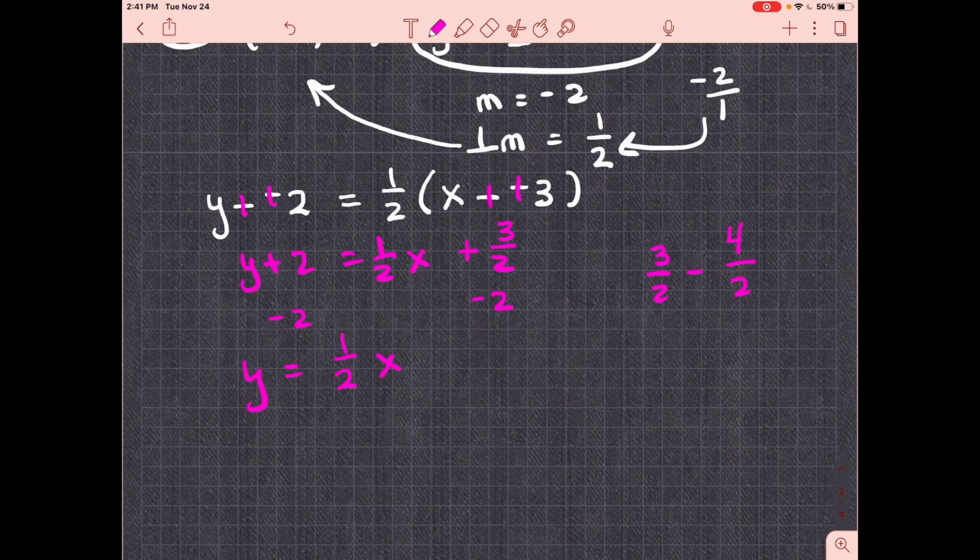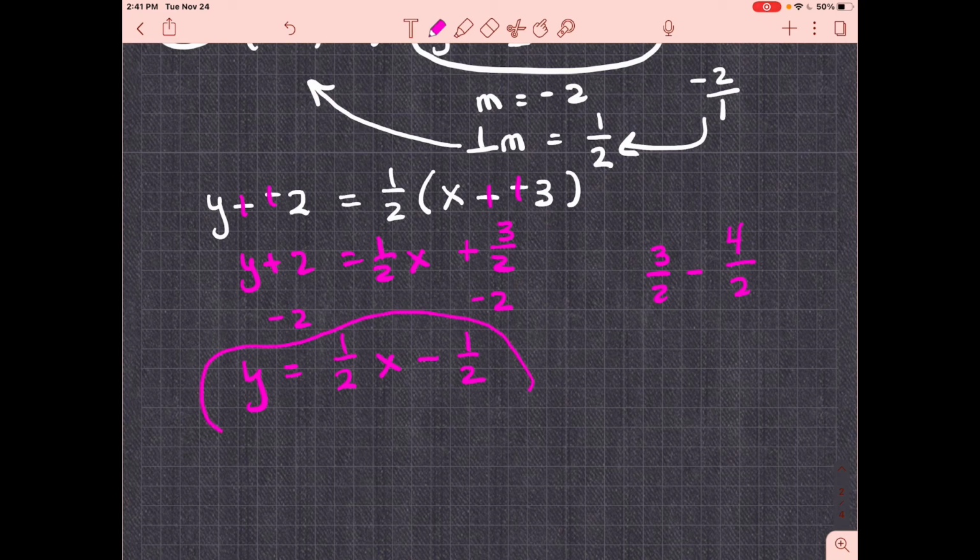So I get negative 1/2, and that should be the right equation. Yes, okay. And this is what I want.